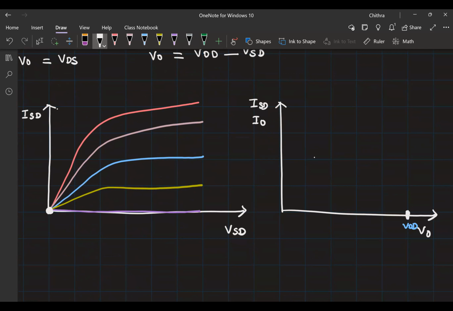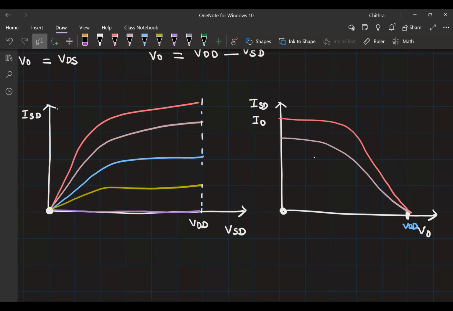And when V0 is equal to 0, I'm dealing with VSD equal to VDD. Okay, so I'm going to transform all these curves into this plot. So my red curve is going to look like this. Vin1, Vin2, Vin3, and finally VDD.